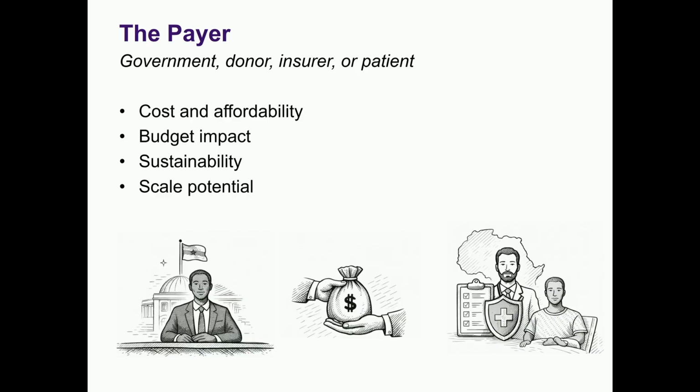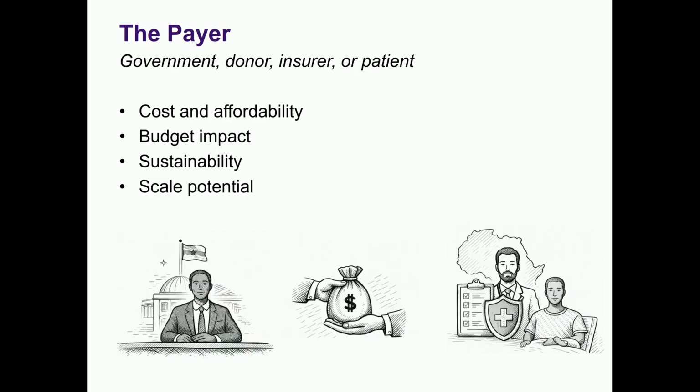And it has to be cost effective, so they're probably going to do some cost effectiveness analysis. They're probably going to lobby for some funds to be used for that. How does this save money? Is it sustainable, and is it scalable? And this is a group that often is difficult to identify, and it's constantly changing.